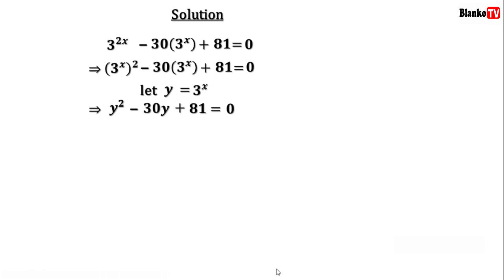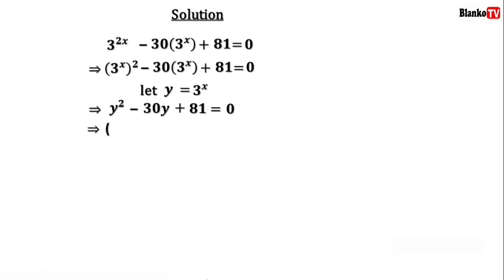Okay, so we have to solve the quadratic equation. So first we find the factors of y squared, which is y times y. Then we place them in the bracket.